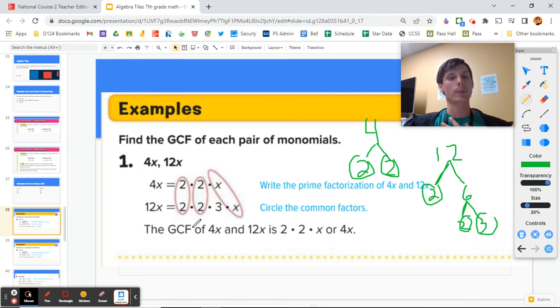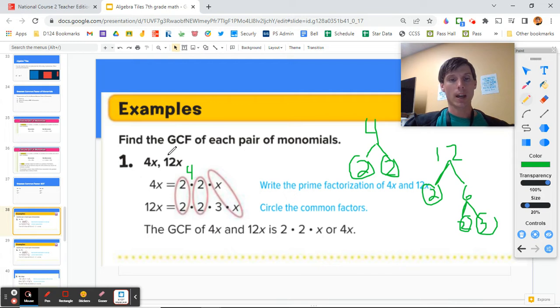So we're going to circle, just like we did before, our common factors. We see we have a set of 2's and a set of 2's. So again, 2 times 2 being 4, there's a common factor. And they both also have this common factor of an x. So the greatest common factor of this set of monomials is not 4, but 4x, right?